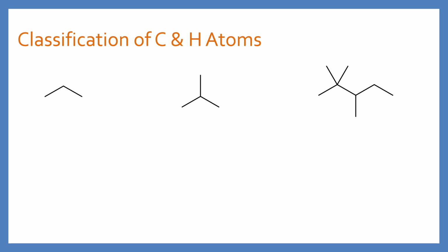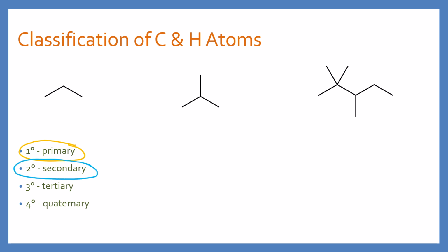So we use a system of primary, secondary, tertiary, and quaternary. I'm going to color code these. We'll use orange for primary, light blue for secondary, yellow for tertiary, and light green for quaternary. So let's start with primary.